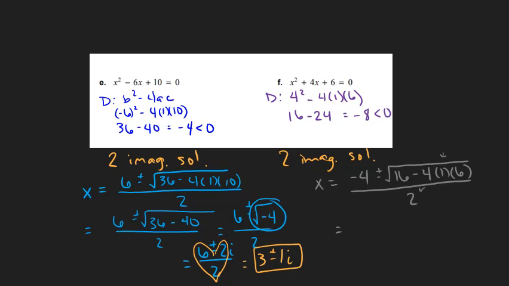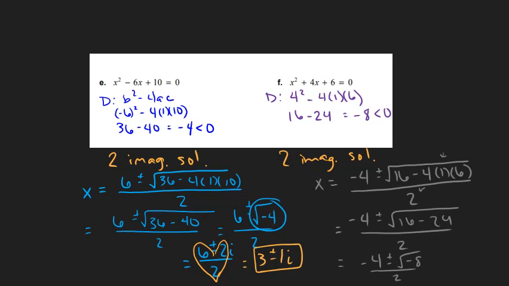That won't happen in every case. It just happens to be the ones that the workbook chose. And you just go with the flow of the problem. Okay, so we have negative 4 plus or minus the square root of 16 minus 24, like we said, over 2. So this would be negative 4 plus or minus the square root of negative 8 over 2.